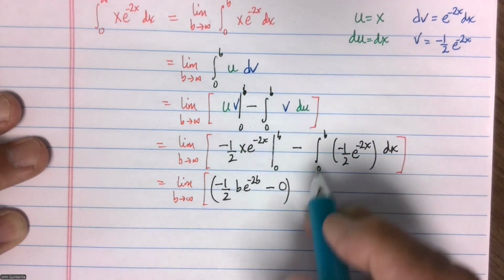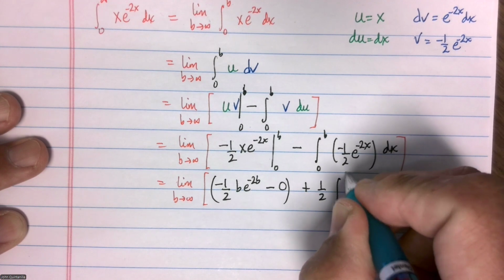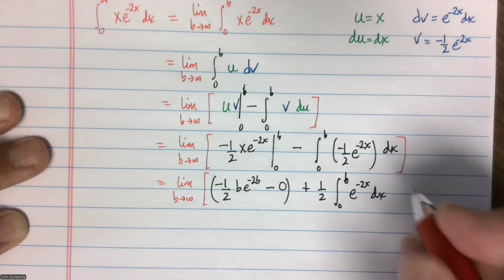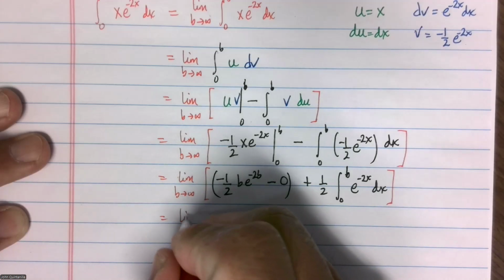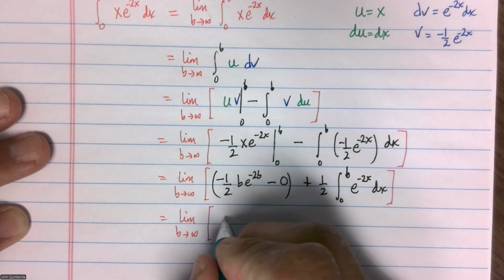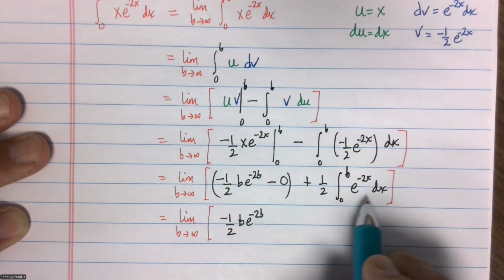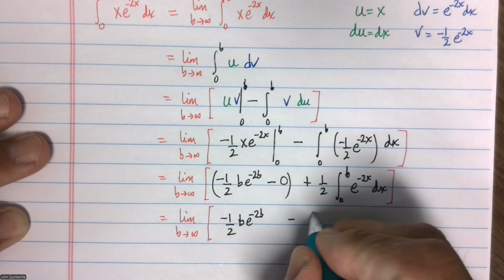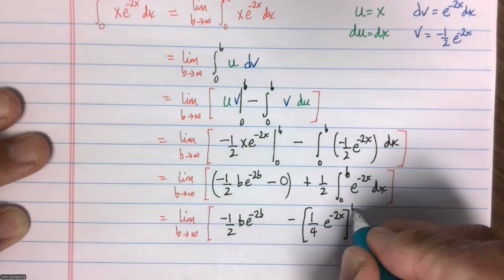Over here, I get plus 1/2 the integral from 0 to b of e to the minus 2x dx. Inside here, I have minus 1/2 b e to the minus 2b, and then for this last part, an extra negative 1/2 comes out, so I have minus 1/4 e to the minus 2x from 0 to b.